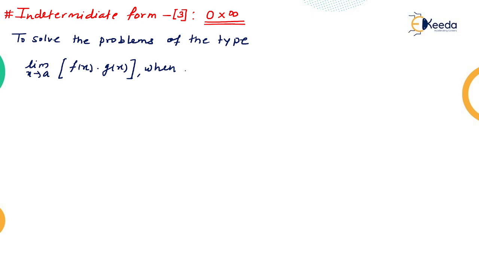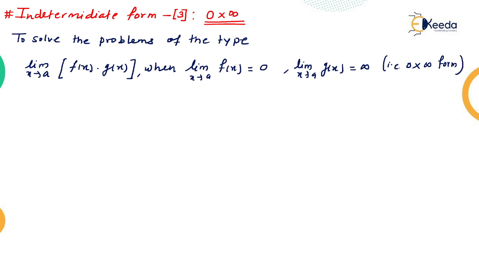When the limit as x tends to a of f of x gives the value 0, and the limit as x tends to a of g of x gives the value infinity, it takes the form 0 into infinity, guys.